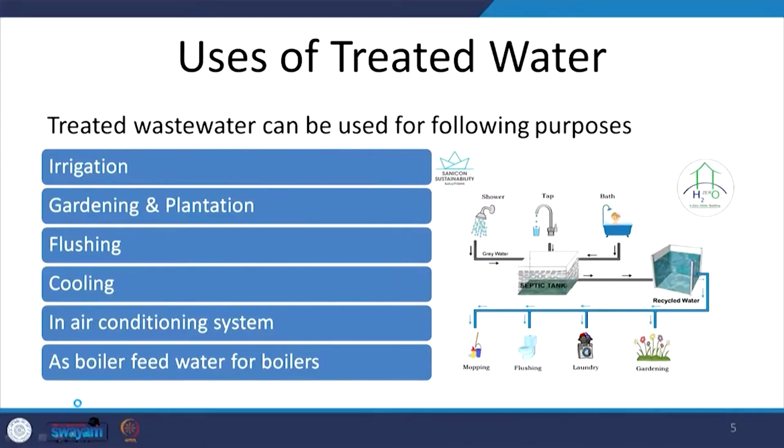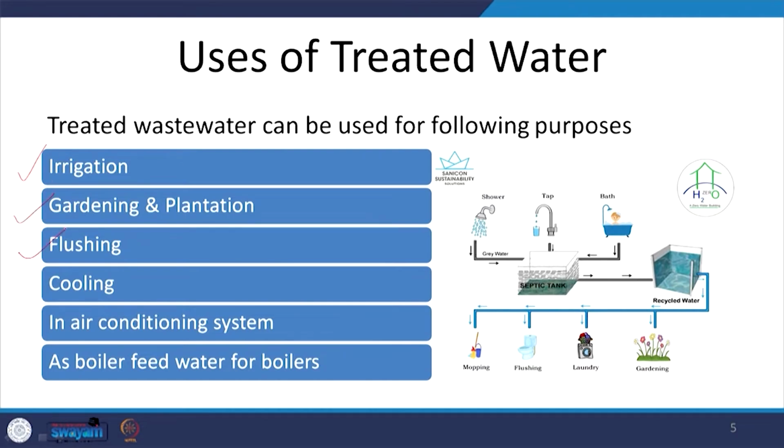Now, once we treat this water and recycle it, what all can this treated water be used for? So, this treated water can be used for irrigation, which is absolutely a non-potable use, gardening and plantation.